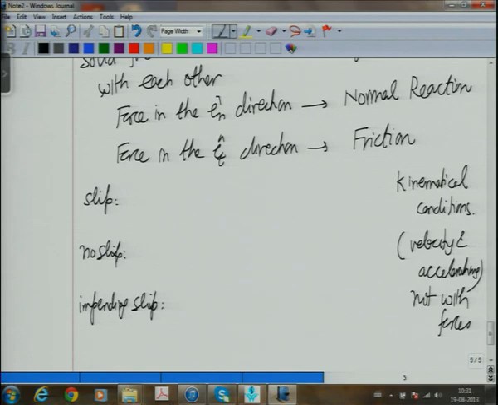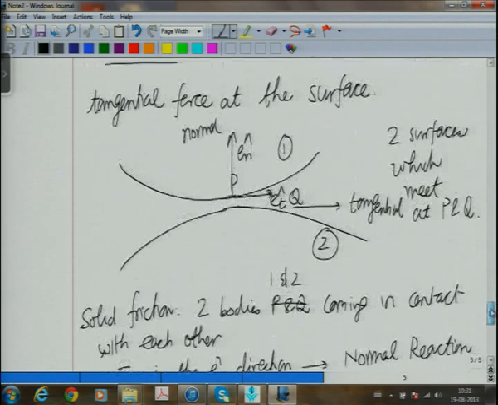Okay. Now what do we mean? I am talking in the context of these things. We have body 1 and body 2 which are in contact. I have not shown them in contact just to show, but they are in contact. We have point P on body 1 touching point Q on body 2. What is the meaning of slip?